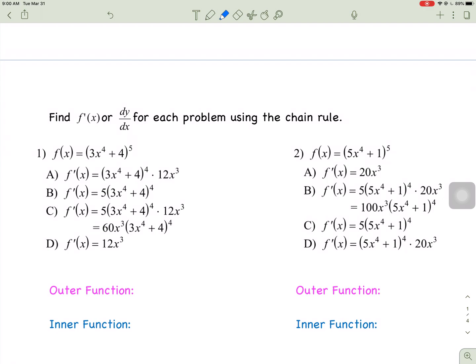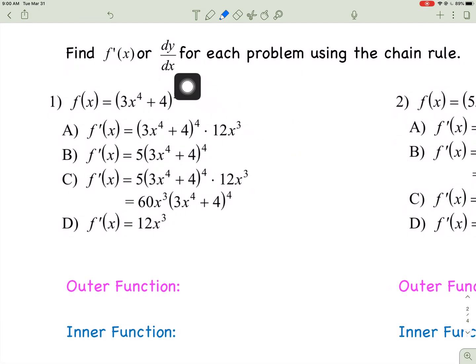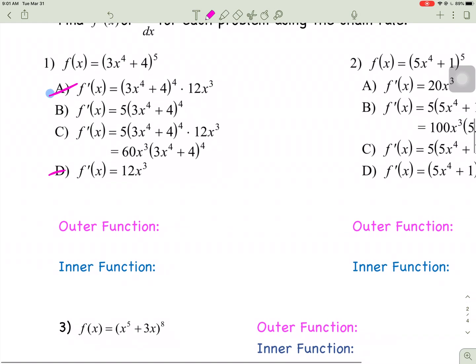So it says f prime of x, find the derivative for each problem using the chain rule. So here we go. Derivative of the outside, 5 times the inside to the fourth. So that means that it's either going to be b or c. Okay, so what is the outer function? Let's just write this down.